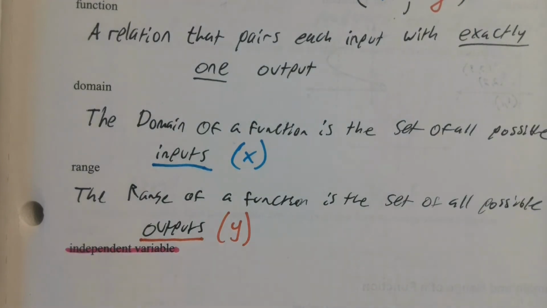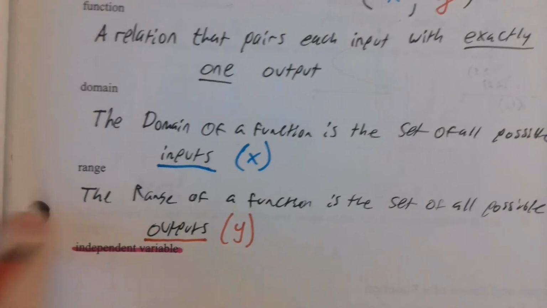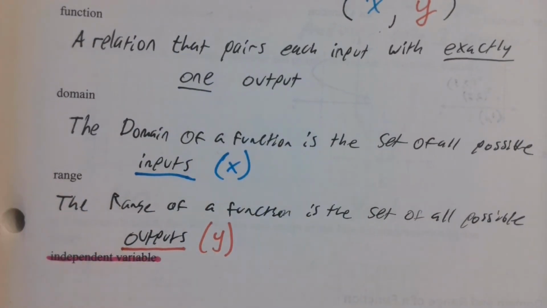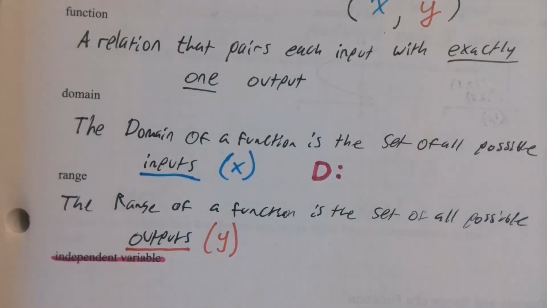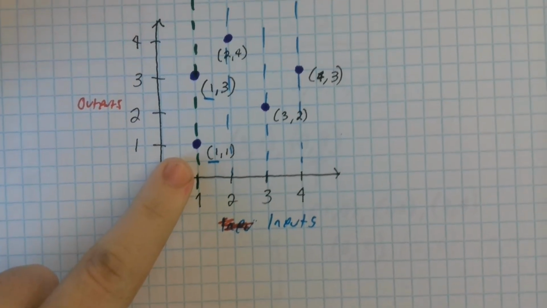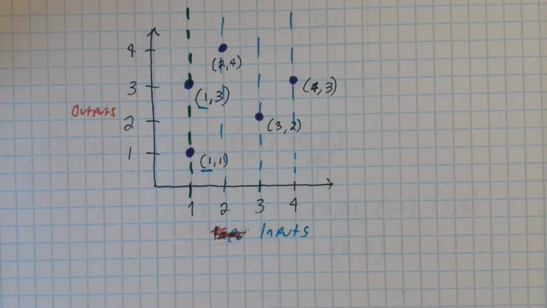Here's the deal. We want to basically make a comprehensive list of all the possible inputs or outputs of a function. Here's how we write it out. To show our domain, we write out the letter D, a colon, and if we have a bunch of points, for instance, we have these numbers here, we would just list out all of the inputs.